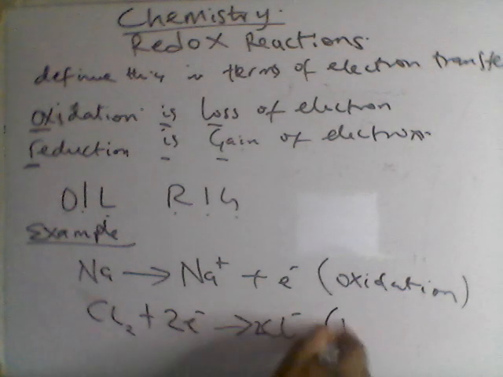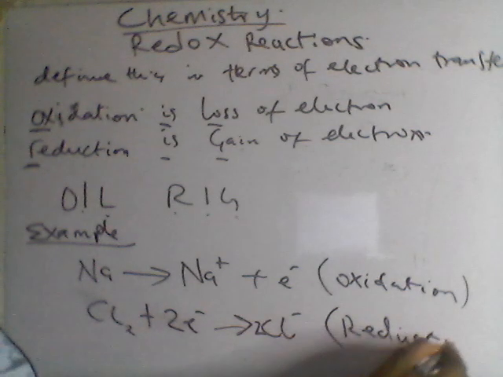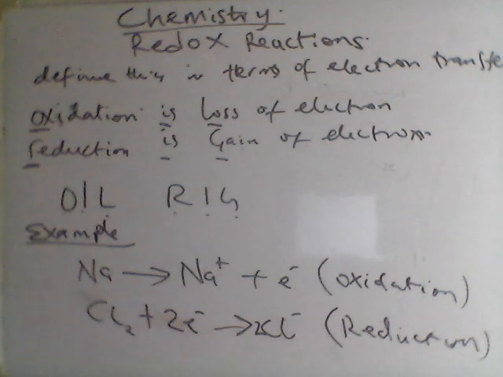So this is reduction because there is a gain in electron. So we can actually use this to pinpoint what component or what element is gaining electron or losing electron. We can now term that particular element as being oxidized or being reduced.